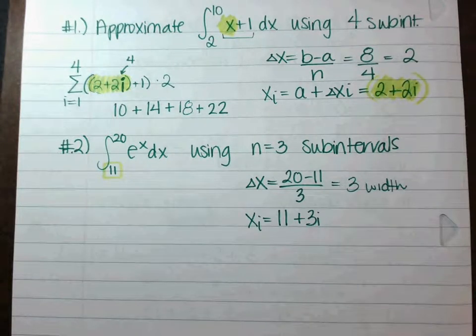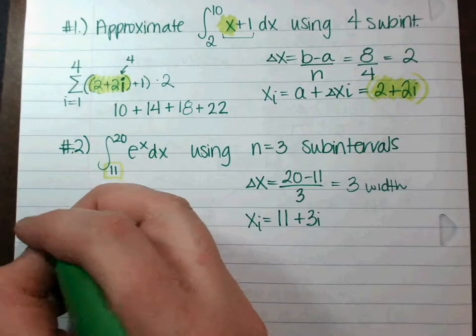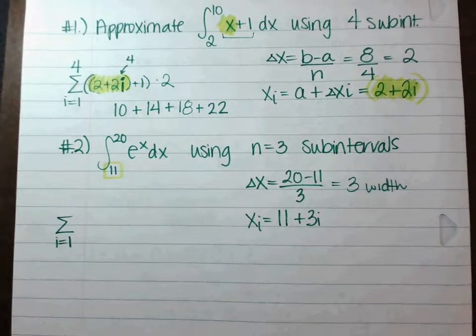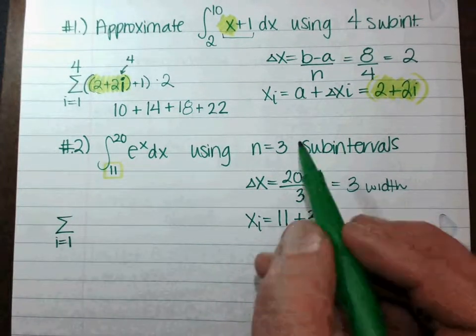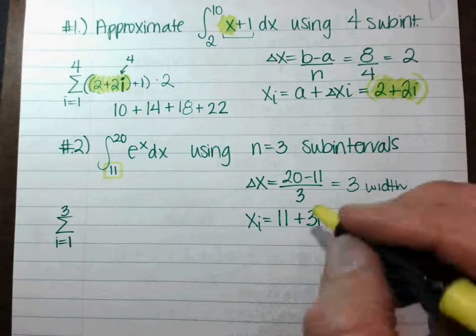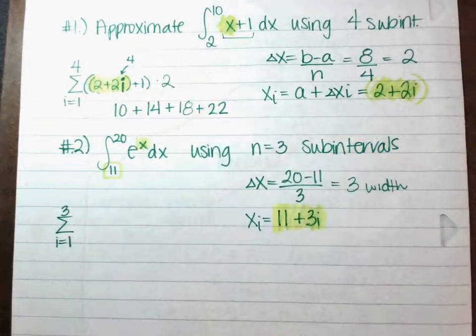Okay, so let's rewrite our integral. I'd have the summation as i goes from 1 till when? How many rectangles are we using this time? 3. And then I'm going to take this expression and plug it in for my x.